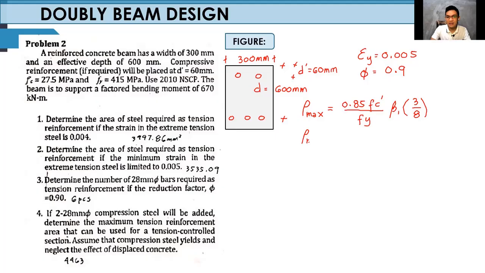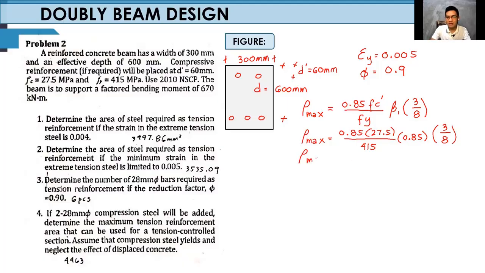So, substitute lang natin. Rho maximum is equivalent to 0.85. Fc prime natin is equivalent to 27.5. And then Fy natin is 415. Beta natin is 0.85 kasi lesser than 28 yung ating fc prime, multiplied by 3 over 8. Ayan.